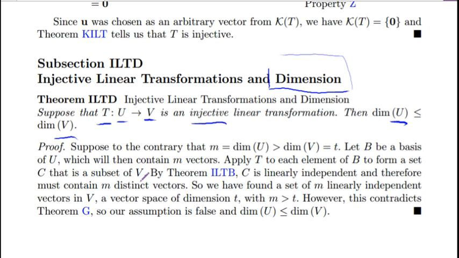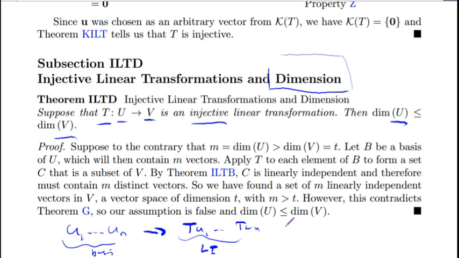Now this makes a lot of sense based on the theorem that we just showed, because if we have u1 up to un, which is a basis of U, this maps to T u1 up to T un, which is linearly independent.